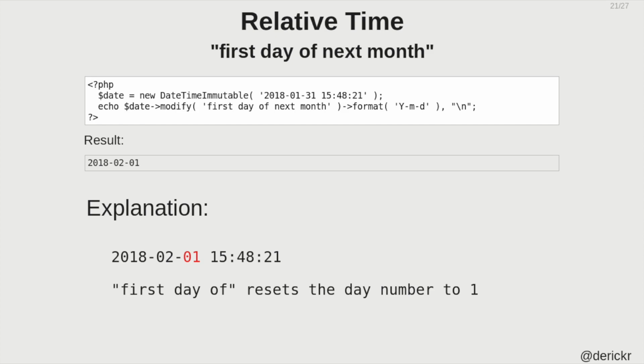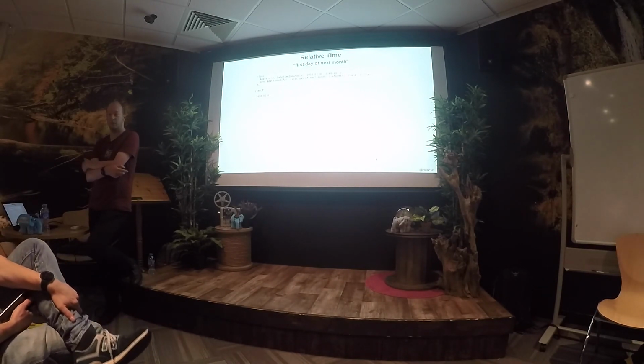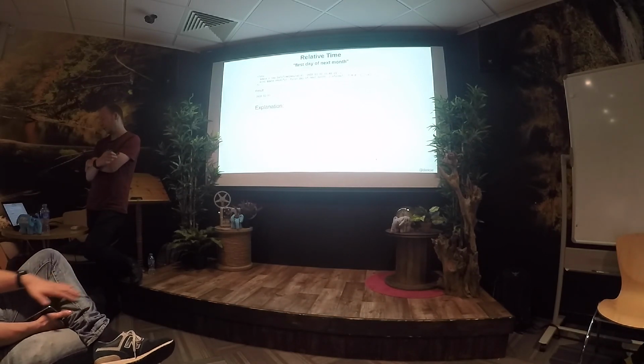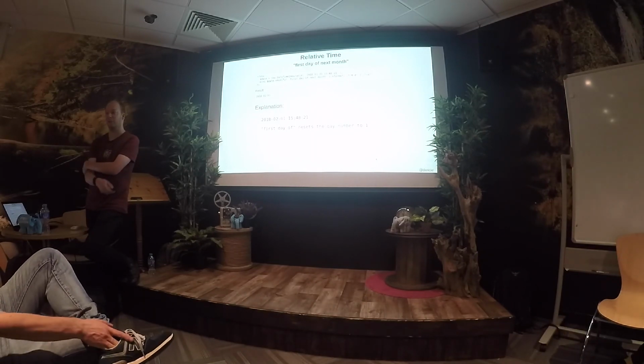So what this actually does, first of all, gives you the right date. But how this works is, next month is still done first. So increase the month number by 1, making it February 31st. But before it does the overflow rules, it then does first day of, which resets the day number to 1, and only then does it run the overflow rules.